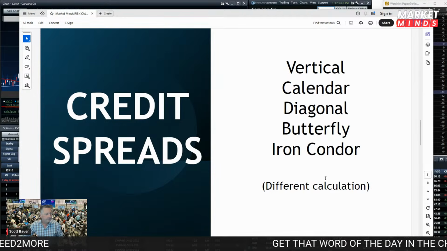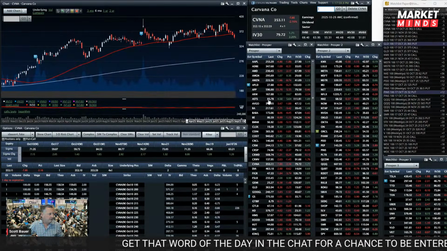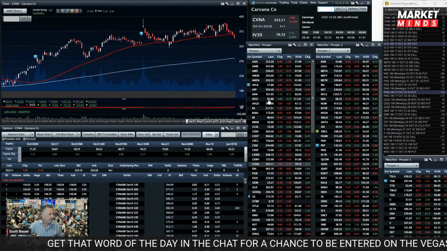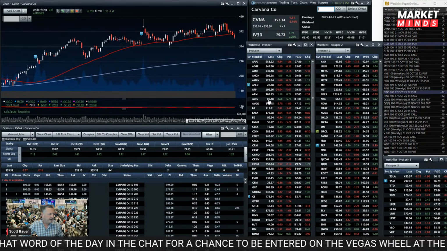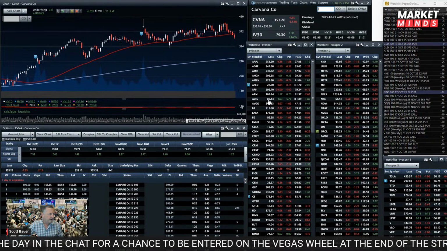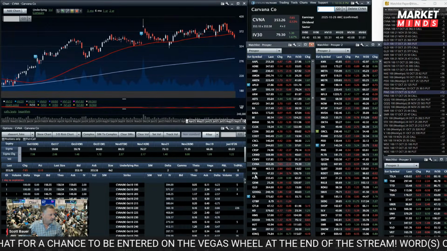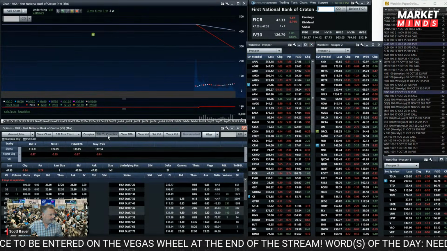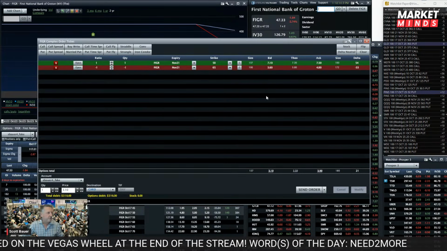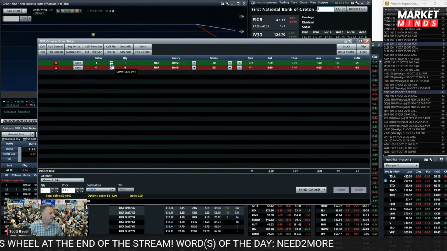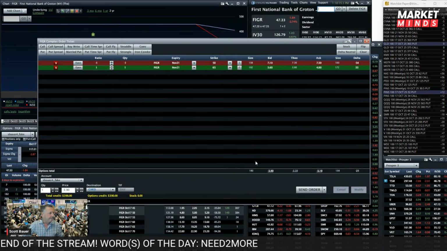Okay. Now, let's look at just a vertical spread. We have this position on an FIGR, but what if it was the opposite?